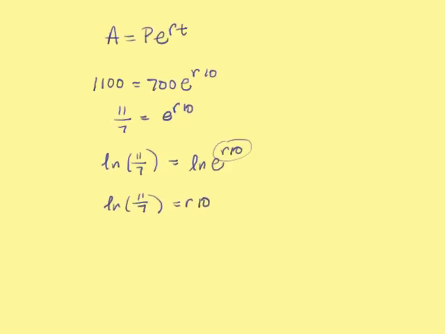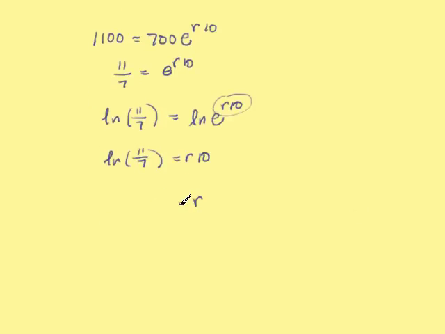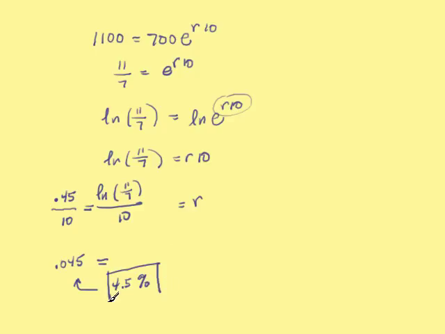So we get our rate is equal to ln of 11 over 7 divided by 10. All right, so let's use our calculator to figure this out. Okay, so ln of 11 over 7 is approximately 0.45. So we have 0.45 over 10, which is equal to 0.045, and that is 4.5%. So that's our interest rate.